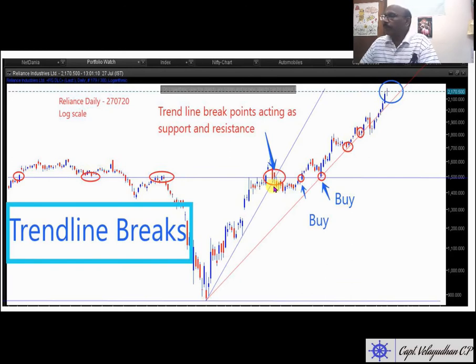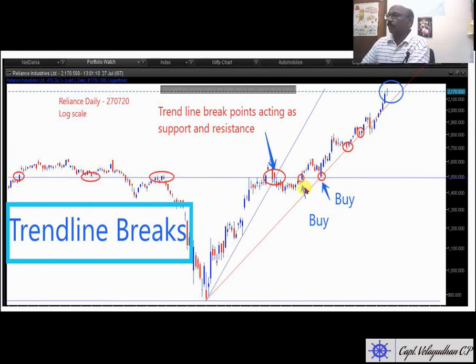Here what I see is that at this point price zoomed up on the trend line breakpoint. It didn't halt, it zoomed, which is showing the strength.